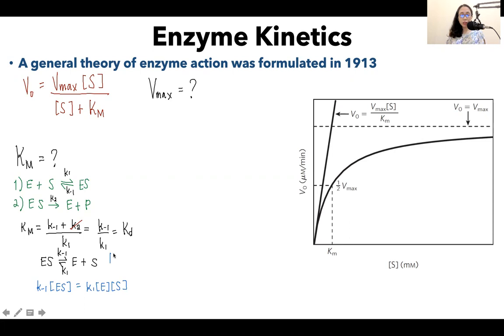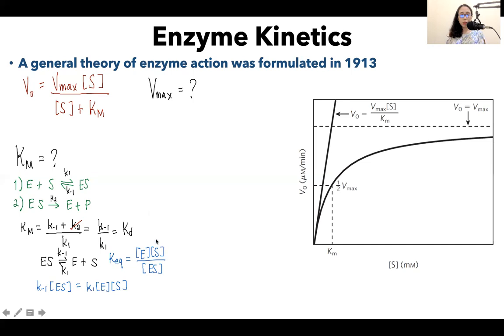Again, we can write the equilibrium constant expression for a reaction reaching a state of equilibrium as the ratio of the concentrations of its products to the concentrations of its reactants. So in this case, we only have one reactant, which is the complex.